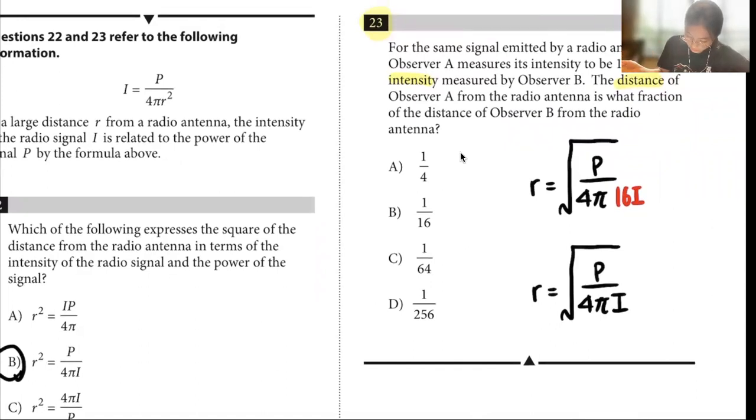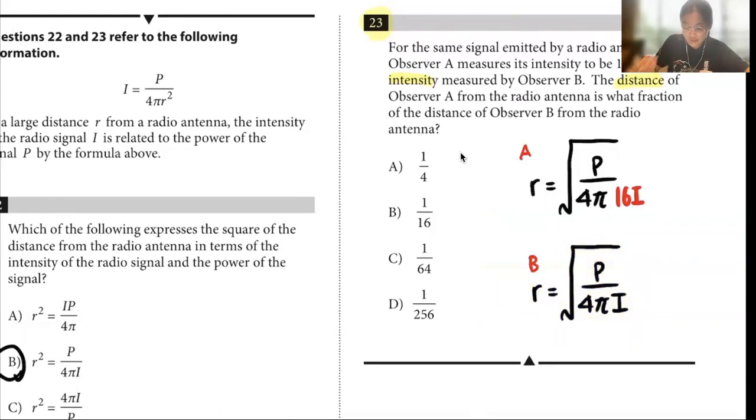Basically what it's asking for is what's really different about these two expressions. What's different about observer A and observer B? The key thing here is that you want to isolate whatever you modify in the original expression. We know that this whole thing is the original expression, so what did we add?